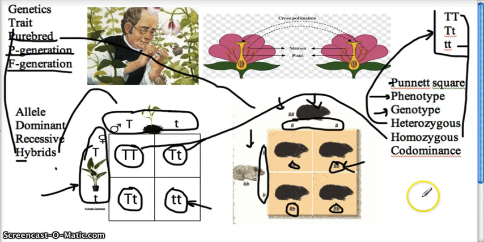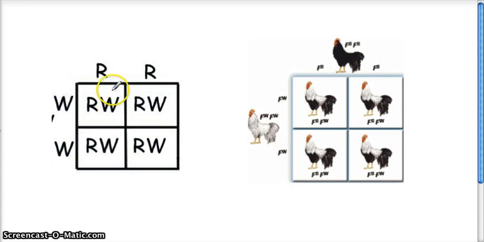Now, there's one other thing I want to talk about, and that is codominance. Sometimes you have a Punnett square where one characteristic doesn't dominate the other characteristic. And here's an example. You have this white chicken and this black chicken. Their feathers, the white feathers and the black feathers in chickens, apparently are not dominant.